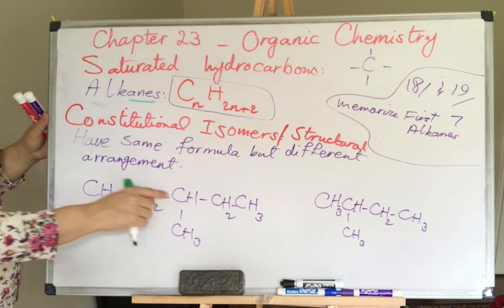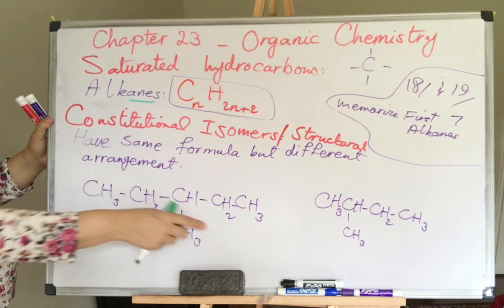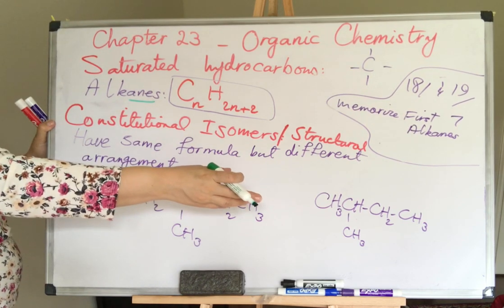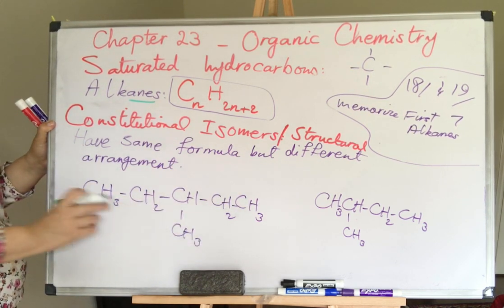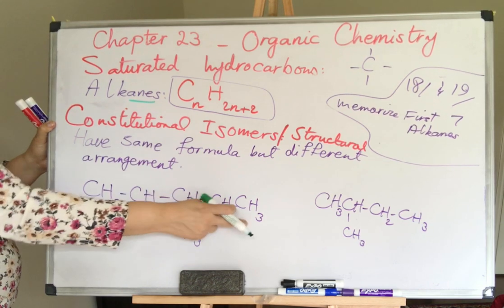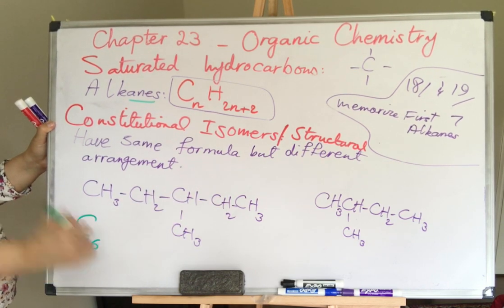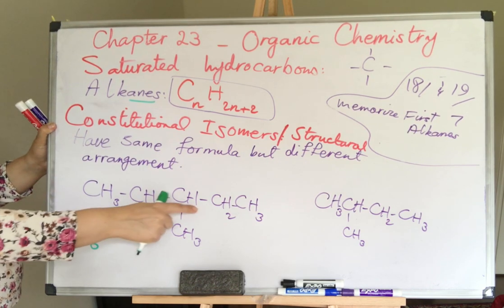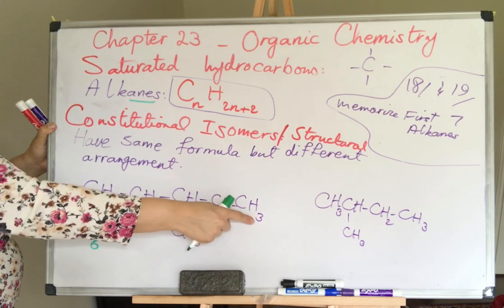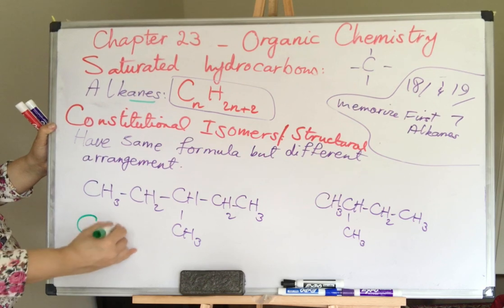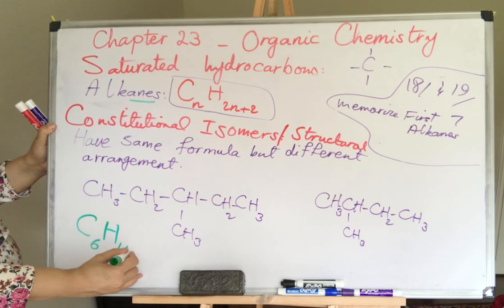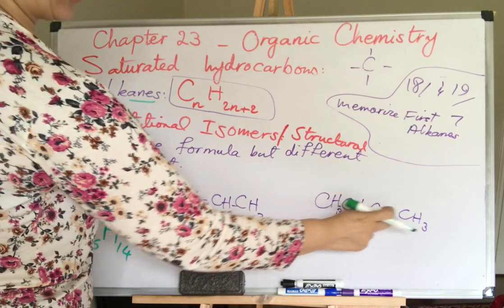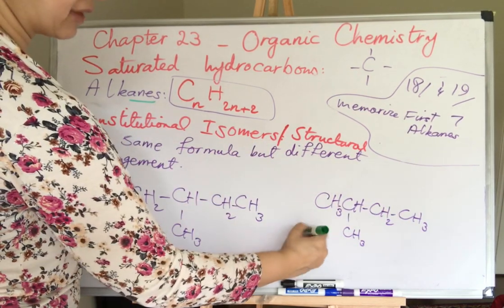Let's count. 1, 2, 3, 4, 5, and 6. You're supposed to count all the carbons, whether in the main chain or in the branch. So 6 carbons. And how many hydrogens? 3 plus 2, 5, 6, 8, 11, and 14. It's C6H14. And this compound, 1, 2, 3, 4, and only 5, C5.